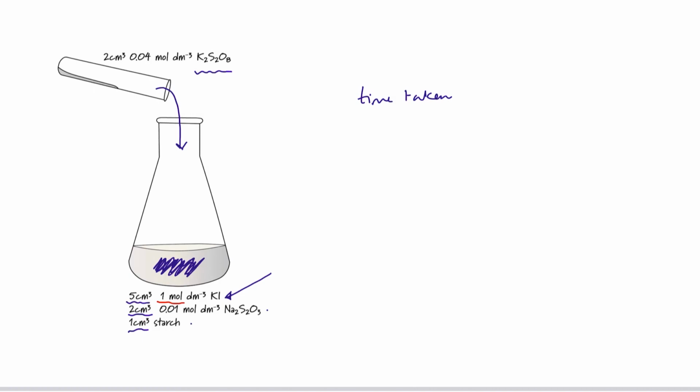Well, the 1 mole per decimetre cubed is the concentration of potassium iodide measured out of the burette and placed into my reaction mixture, but this is 5 centimetres cubed out of a total volume of 5, 6, 7, 8, 9, 10 centimetres cubed. So the actual concentration of iodide ions in this reaction mixture is 5 divided by 10 times 1.0, which of course comes out to 0.5 mole per decimetre cubed.